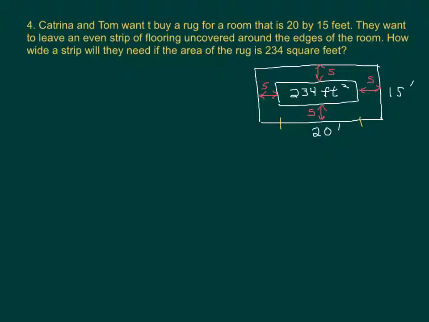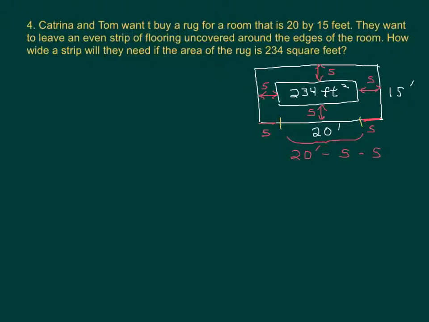Those little areas are also S long, which we don't know what S is. So what is in the middle is 20 feet minus S for this S, and then minus another S for the other S. And that gives you the length of the rug. See, it just is part of the length of the overall room.